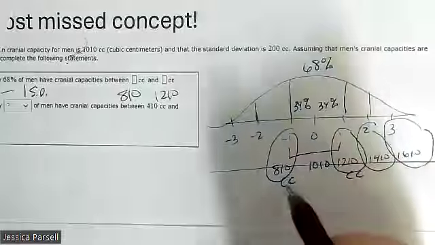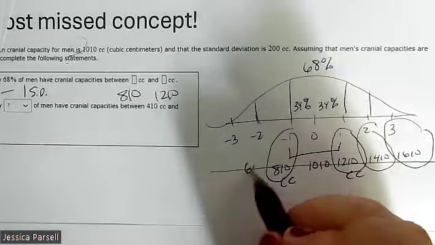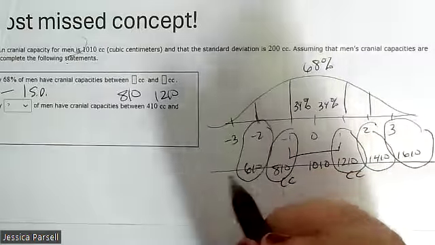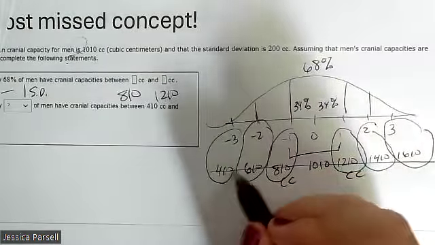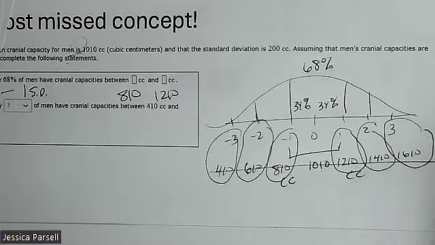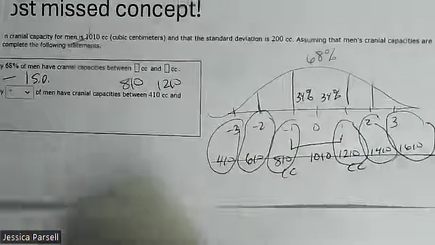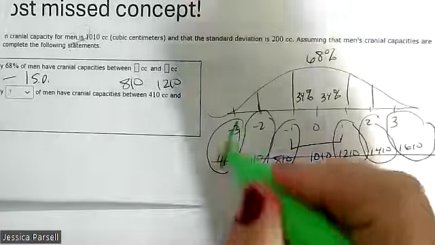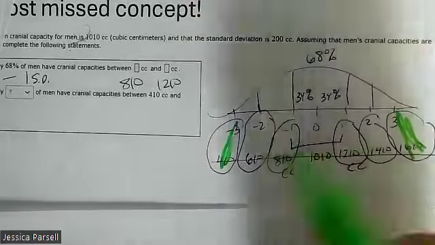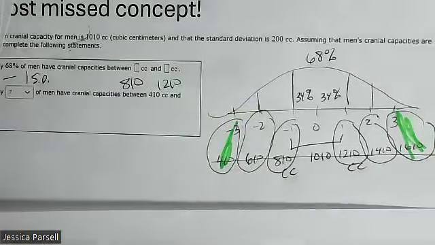If we subtract 200 from 810, we're at 610. That's 2 deviations. And 410 would be 3 deviations. Okay, they're asking about between 410 and 1610. So 410 is here, 1610 is here. So those are 3 deviations from the mean.